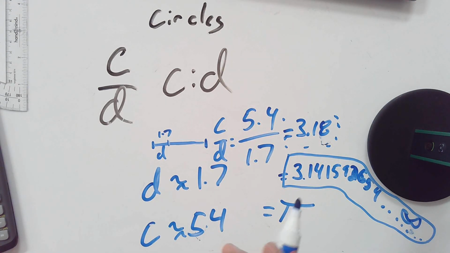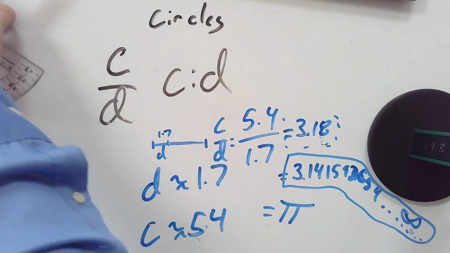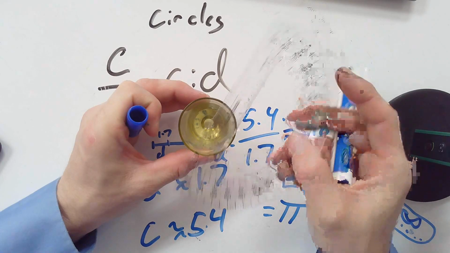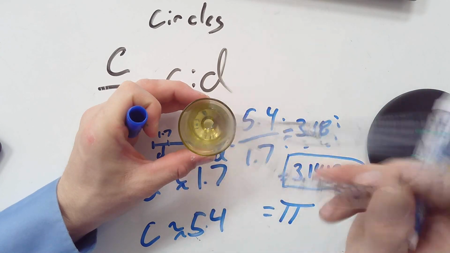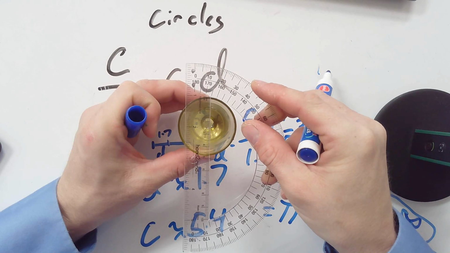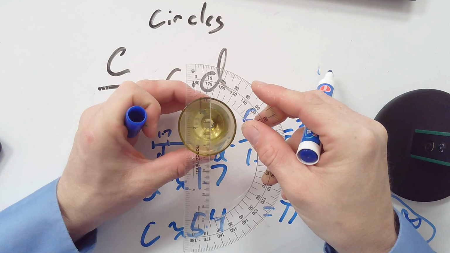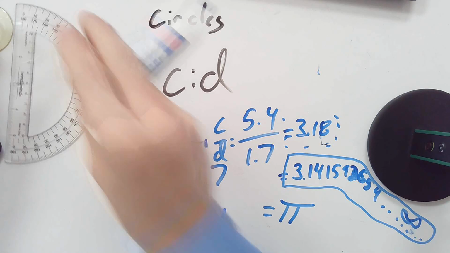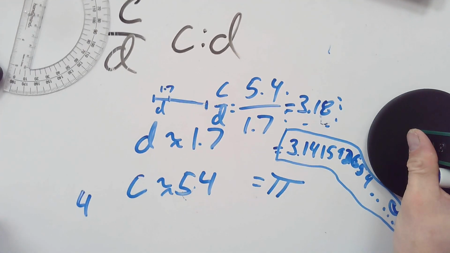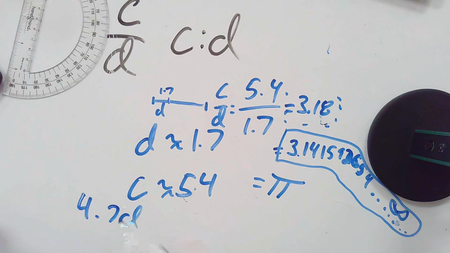So I can measure anything that has a circle. I can measure this, and the diameter of this is 4.7. Okay, 4.7 is the diameter.